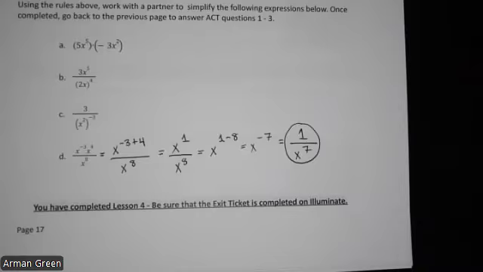All right, give me one moment as I pull this up. As I said in previous lessons, all the exit tickets for the first 4 lessons thus far in this unit need to be completed by 11:59 on Friday. So you'll have a little bit of time to complete this.